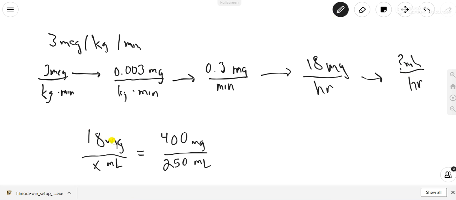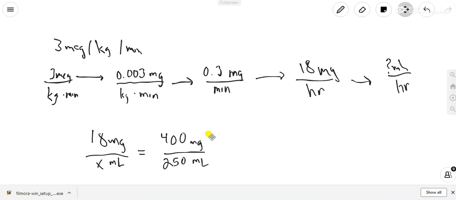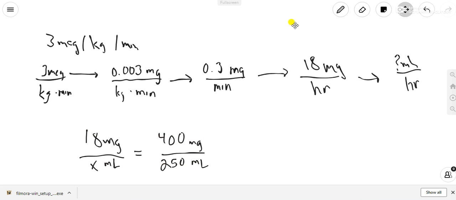So we set up our proportion like this: 18 milligrams over X milliliters equals 400 milligrams over 250 milliliters. And the reason why we can set that proportion up is because when we slice this large amount up in equal parts, it's going to be 18 milligrams.